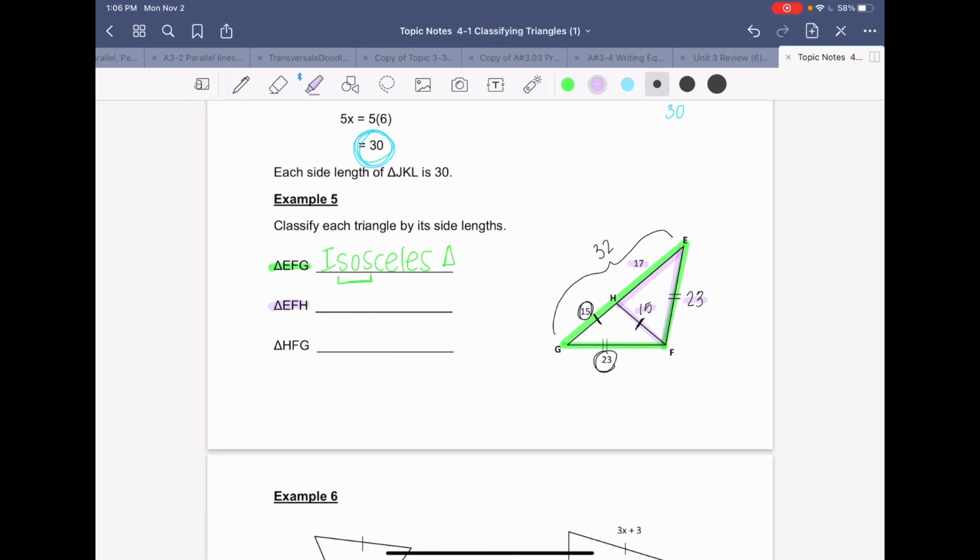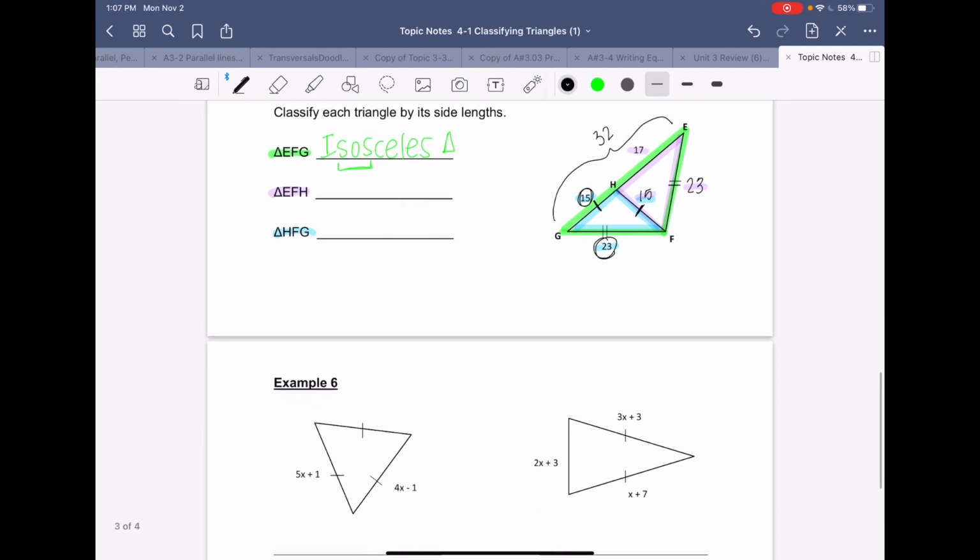So what is it when all the values are different? And that's how you would classify a triangle with different sides. So you're going to classify EFH. And then you're going to classify HFG. So HFG has a 15, another 15, and then a 23 as well. So classify HFG as well.